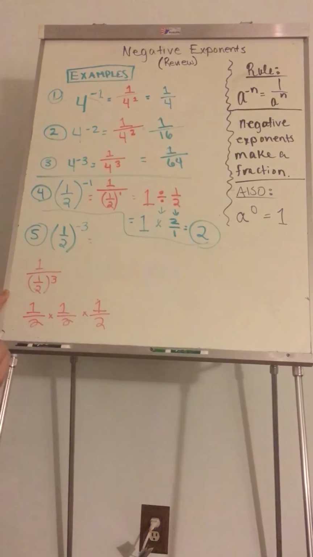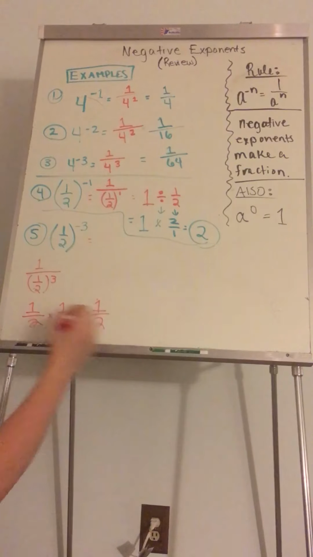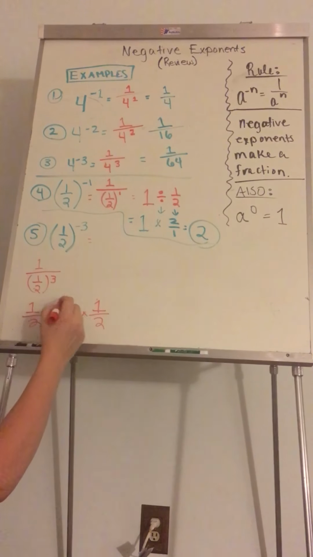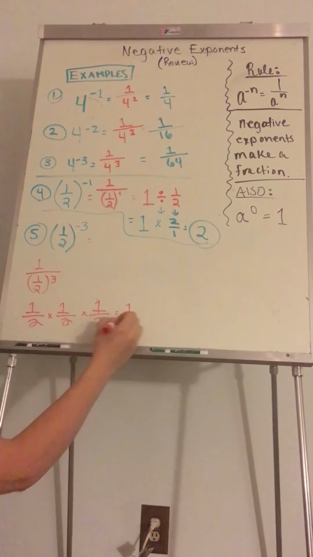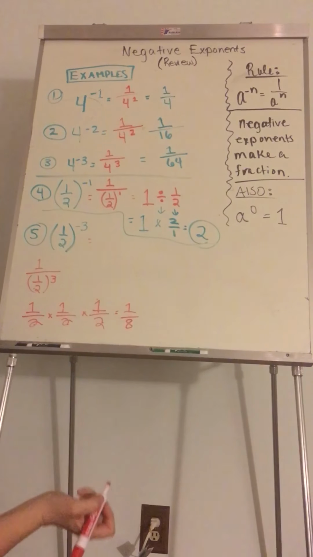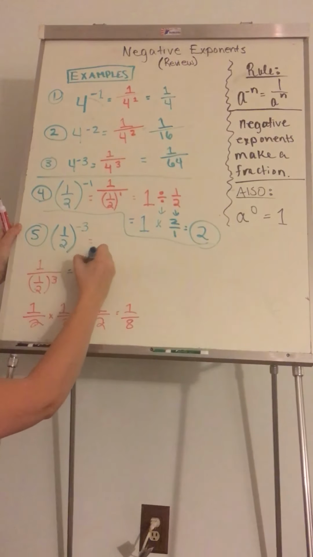So when you're multiplying fractions, this again is a review, you multiply your numerators all together and your denominators all together. So I have 1 times 1 times 1 equals 1. Then 2 times 2 times 2 equals 8.